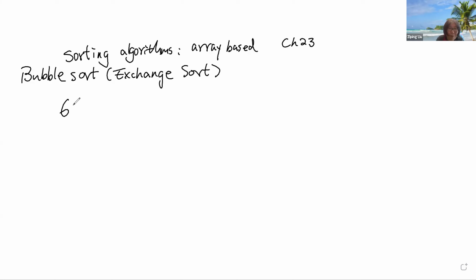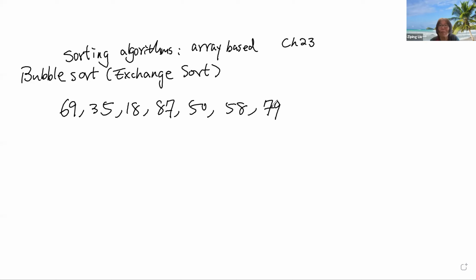Suppose I have the numbers 69, 35, 18, 87, 50, 58, 79, etc. All these integers are randomly placed in an array, and I want you to sort them in ascending order.